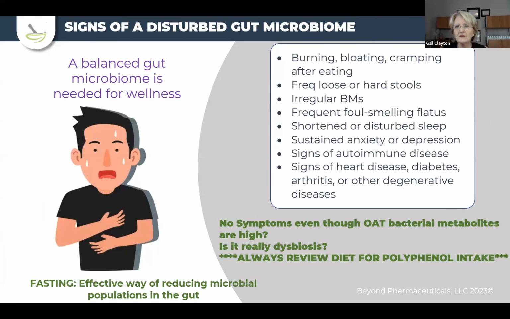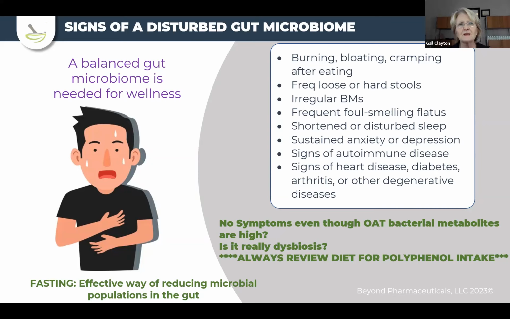So when we're talking about a disrupted microbiome and we're looking at the organic acid markers, we always really want to take a look at symptoms first, okay? Because no symptoms, even though the OAT shows bacterial metabolites, could mean something.